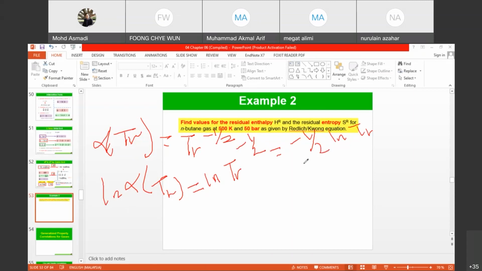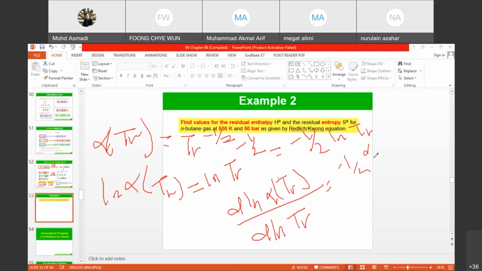So just do the derivation for this equation. d ln alpha TR equal to negative half d ln TR divided by d ln TR. You have to take note, I don't think this is in the textbook. So this one you can cut, and it's equal to negative half.